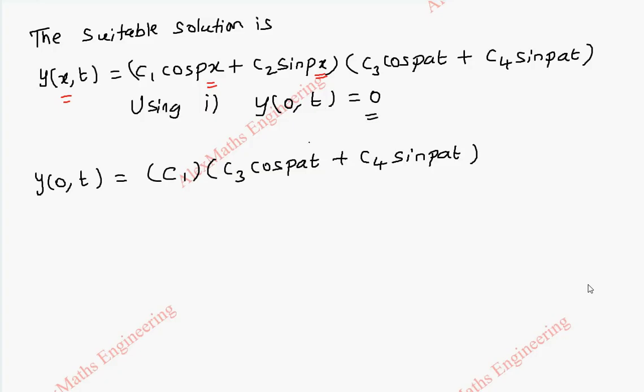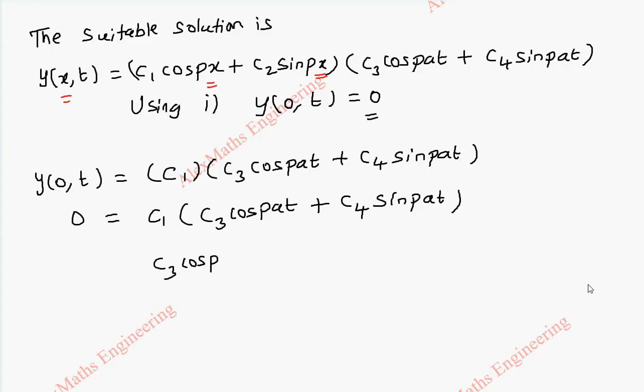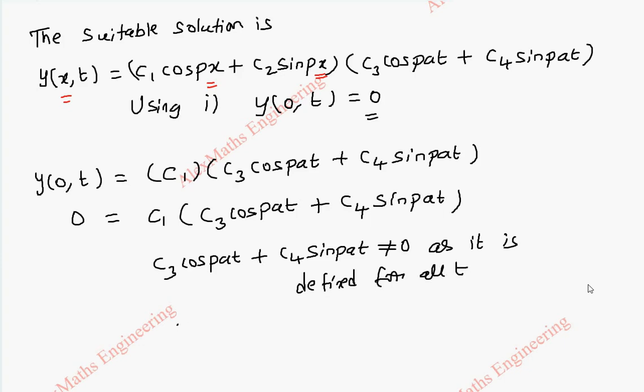Now this value is 0, so 0 equals c1 times (c3 cos pat plus c4 sin pat). Now c3 cos pat plus c4 sin pat cannot be 0 as it is defined for all t. Therefore, the only option is that c1 is 0. So we get c1 as 0.